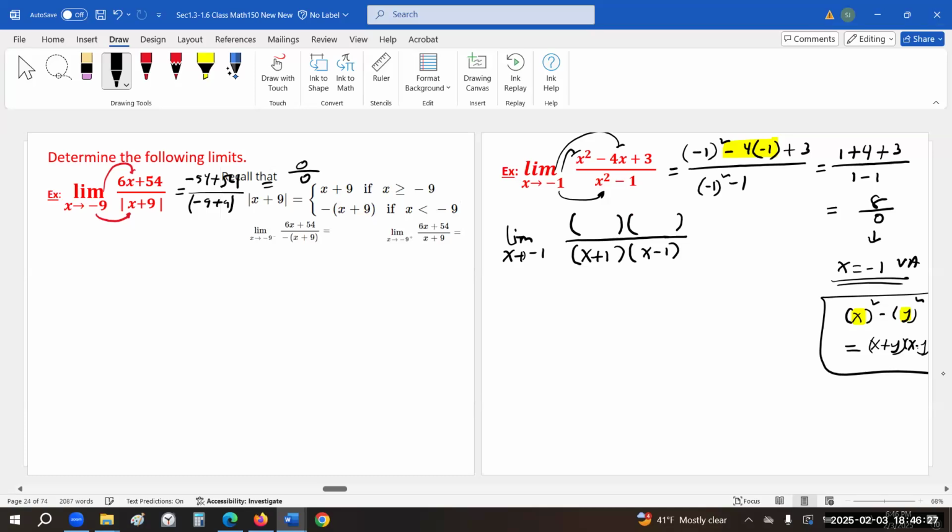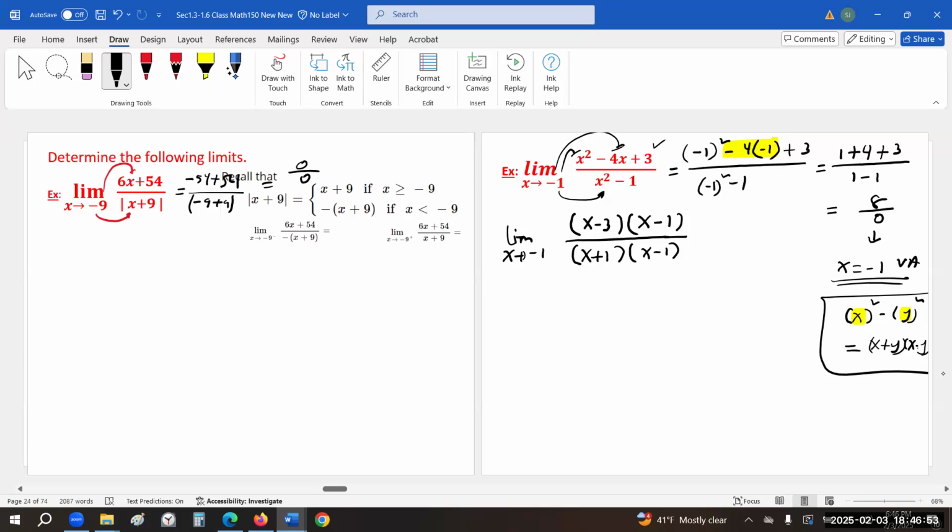Great. How about the numerator? Can you factor? Oh, Ellen is super fast. Ellen already factored the top. So two numbers multiply to 3 and combine to -4: x minus 3, x minus 1. -3 times -1 is +3, and -3 minus 1 gives us -4. So two conditions fulfilled.